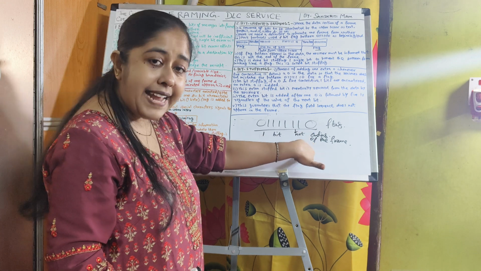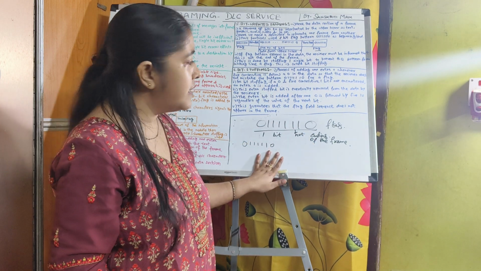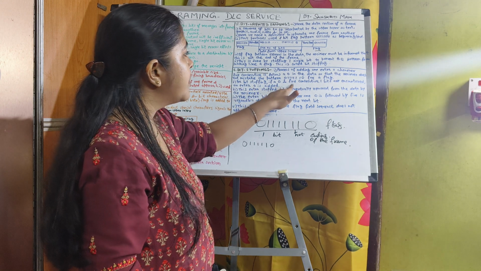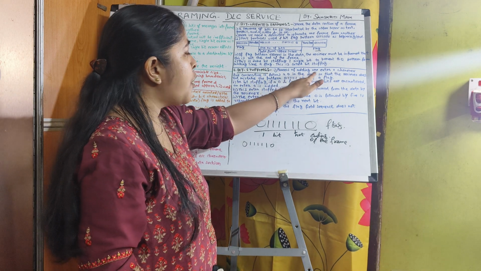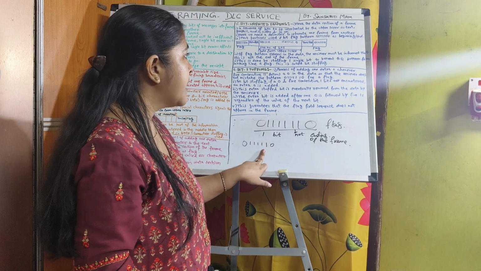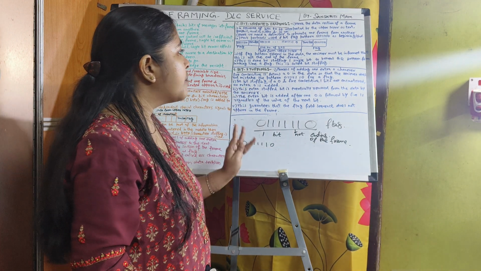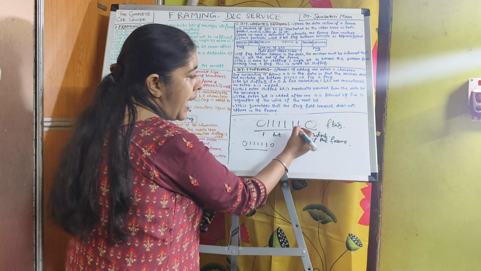Otherwise, if another 1 and then 0 comes, again it will look like a flag.